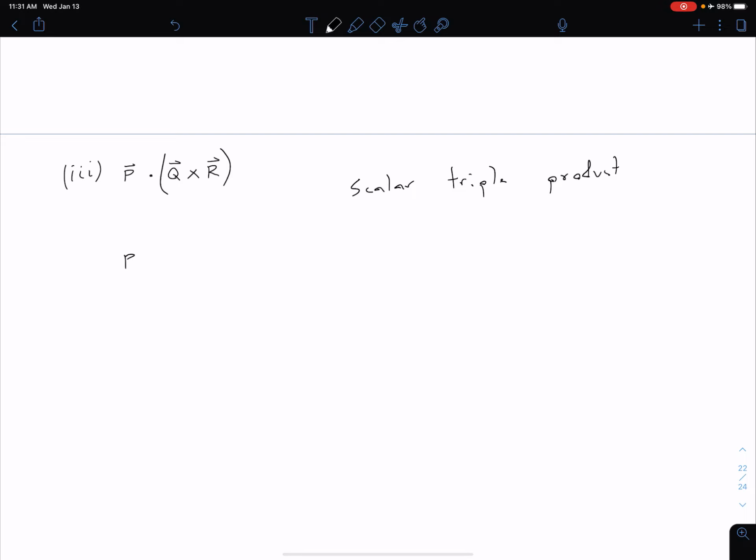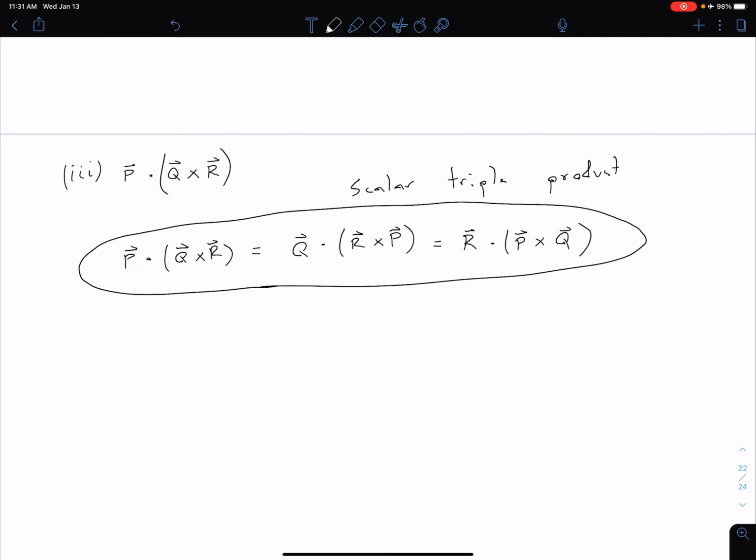And so what it said was basically if we have P dot Q cross R, that is equal to Q dot R cross P, which is equal to R dot P cross Q. And so this was basically just where we had A, B, and C, but remember I said if our first one we have A, B, C, we just move our A to the end, so then we have B, C, A, and then we move the B to the end, so we have C, A, B, and that's how we sort of went through these.